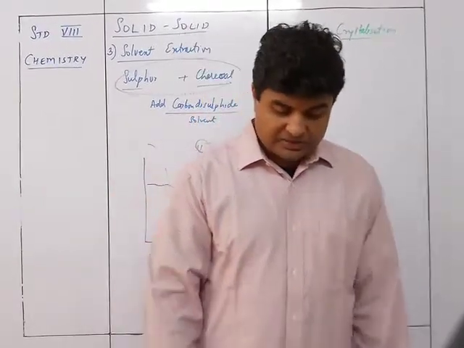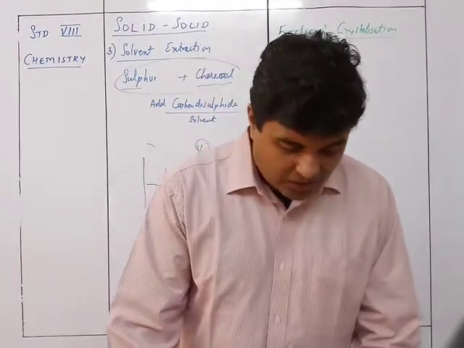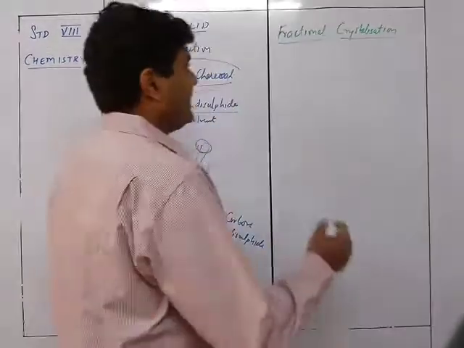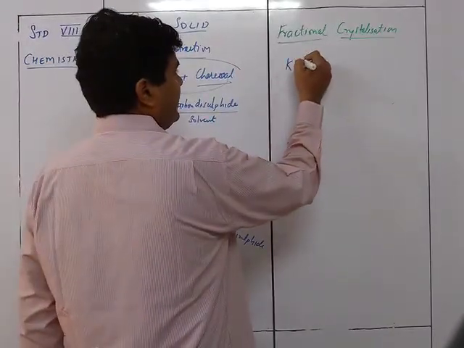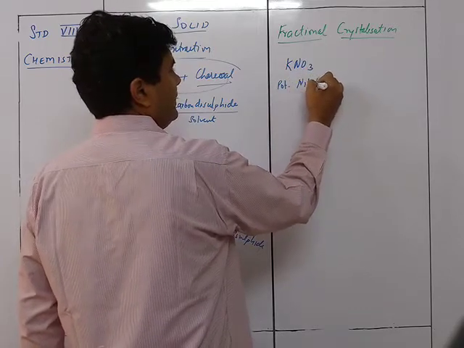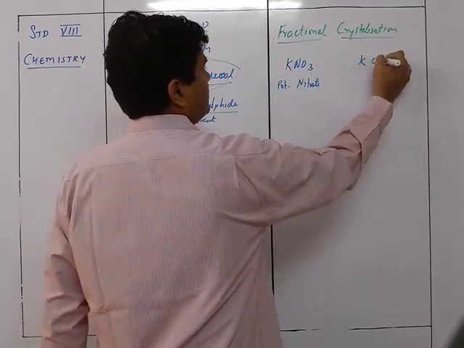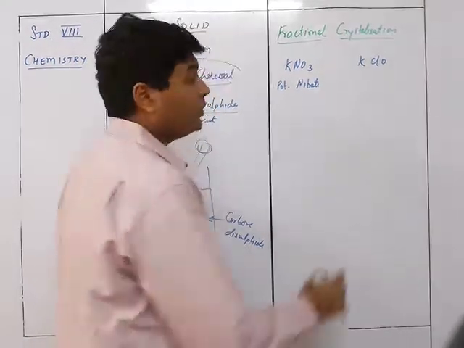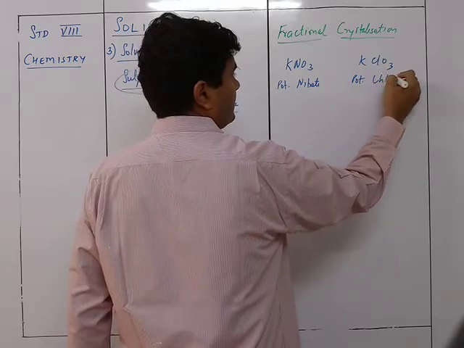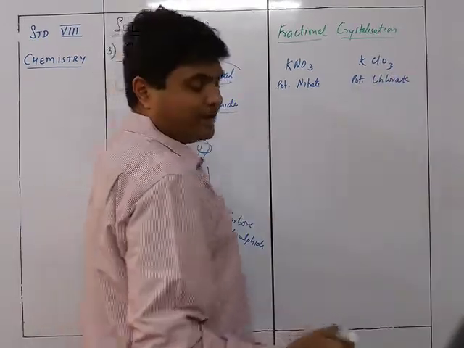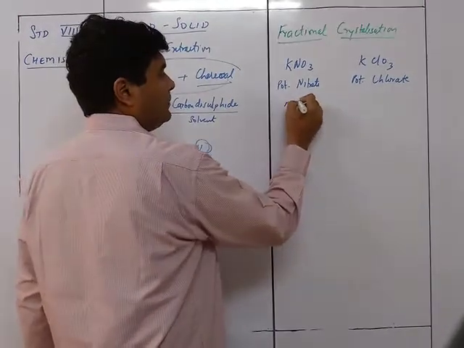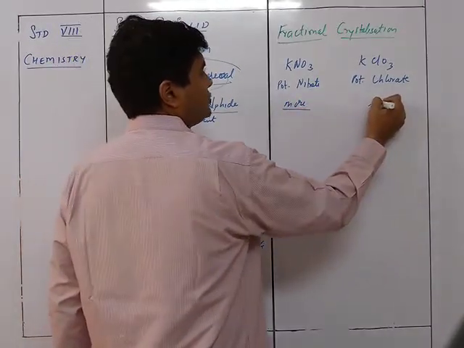The example you have taken is KNO3, that is potassium nitrate, and the other is KClO3, which is potassium chlorate. Potassium nitrate is more soluble and potassium chlorate is less soluble.